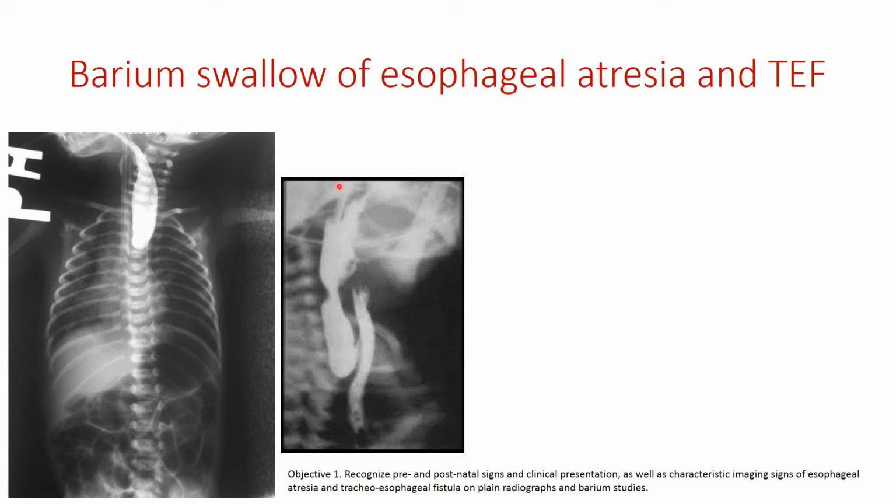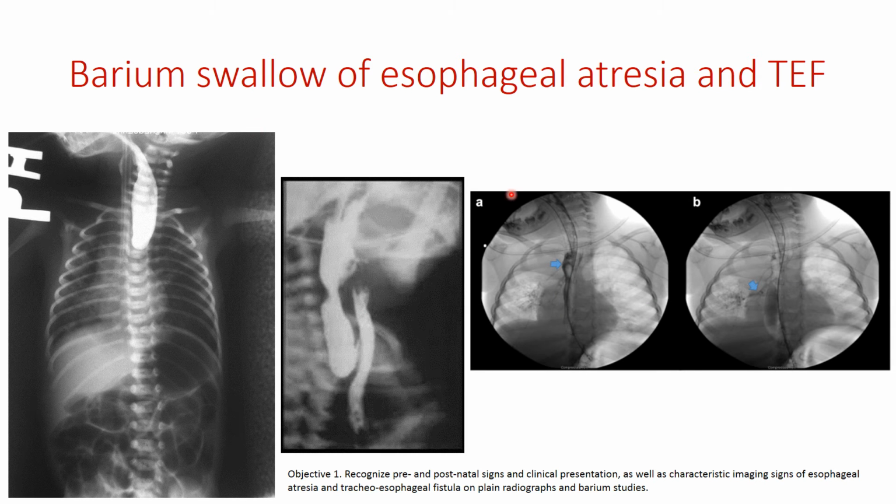In this case, this is a more lateral view, and we've had the baby swallow barium, and here's barium in the atretic esophagus, the proximal esophagus. But we can see this really tiny fistulous tract leading to the trachea. And so this is barium within the trachea.